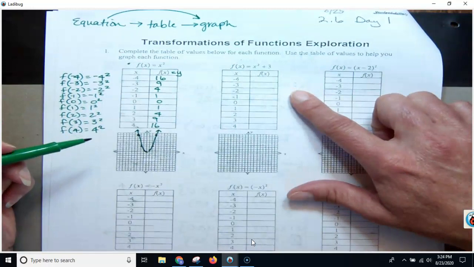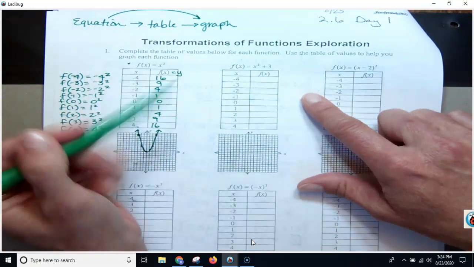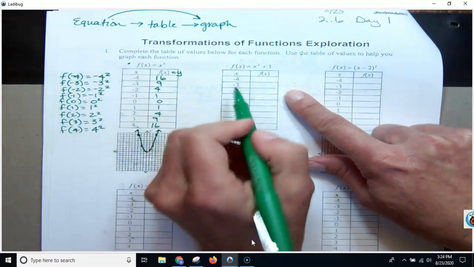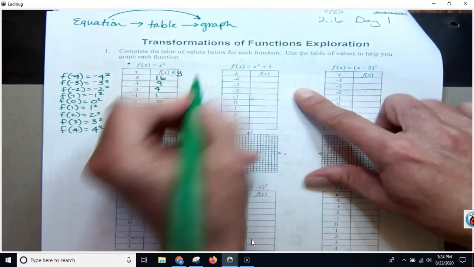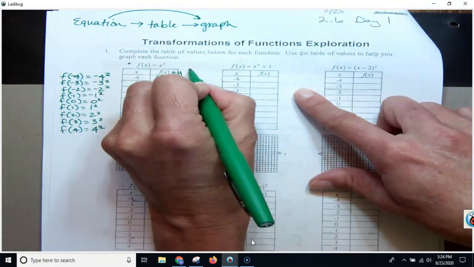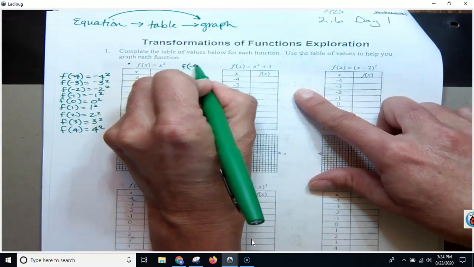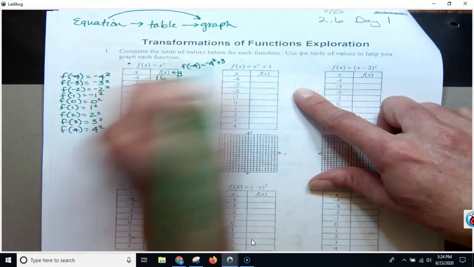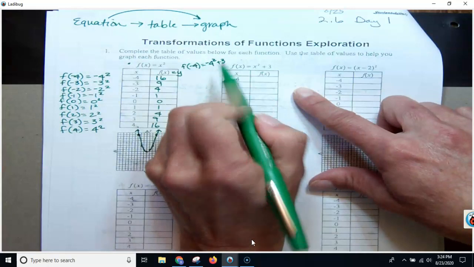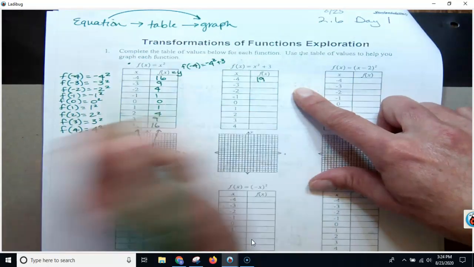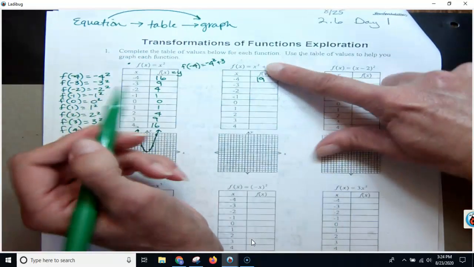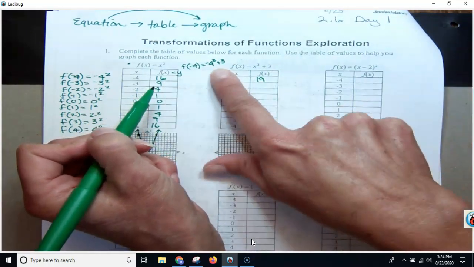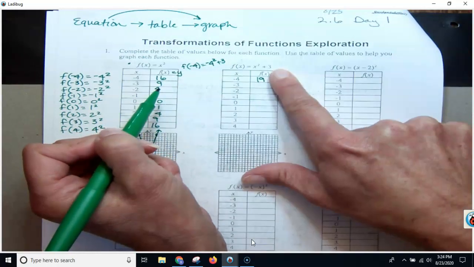Now here's where it starts to get a little bit more interesting, because if you go ahead and plug this in and say, okay, f of, oh, I'm not going to have enough room, f of negative 4 equals negative 4 squared plus 3, well, 16 plus 3 is going to give you 19, okay? Now I've already done these x squared, so I can just take these values as my x squared and add 3.